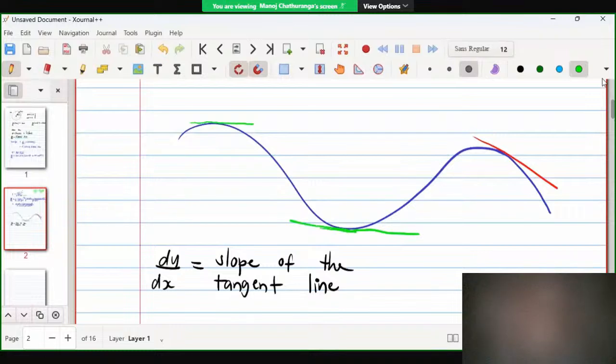So at a local maximum or a local minimum, tangent lines are horizontal. So dy over dx equals 0. Those are called critical points. At a critical point, the derivative is 0.